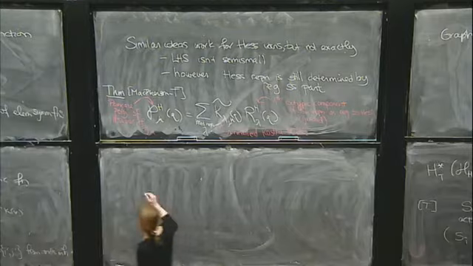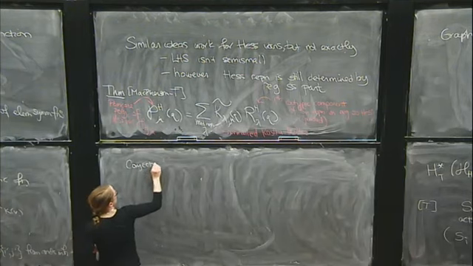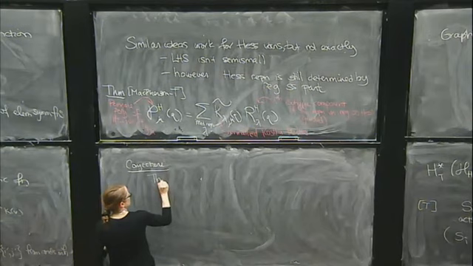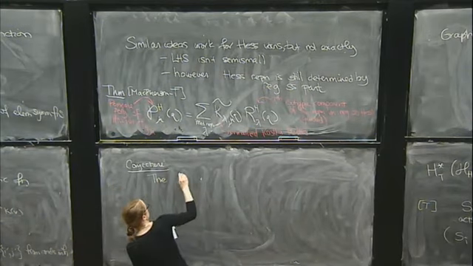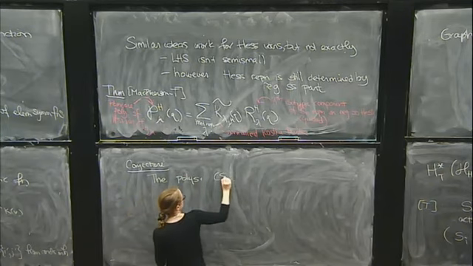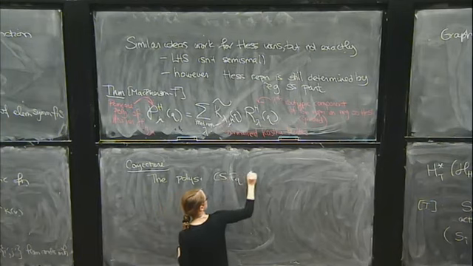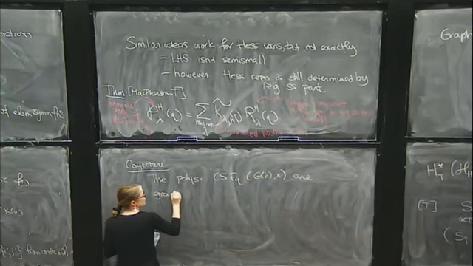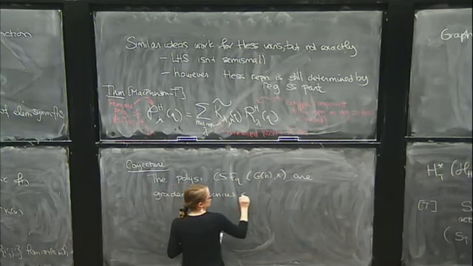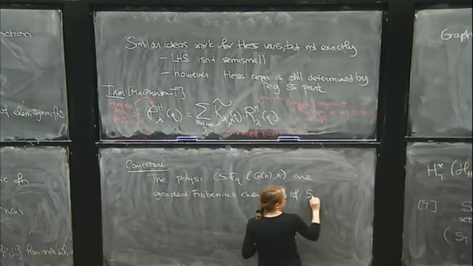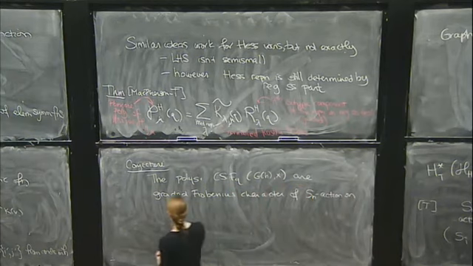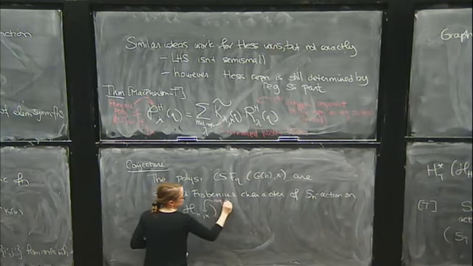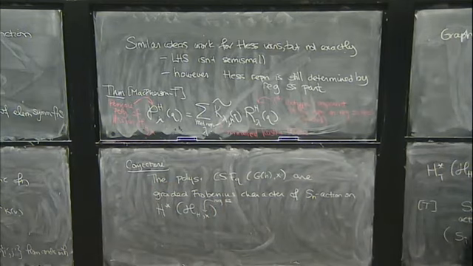So the conjecture actually is that these polynomials are the graded Frobenius character of the S_n action on this permutation action right over here.